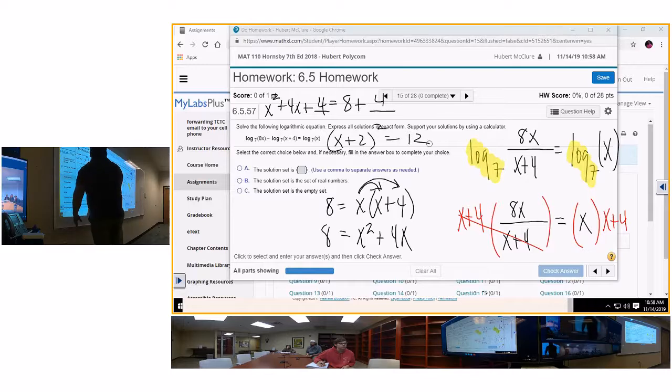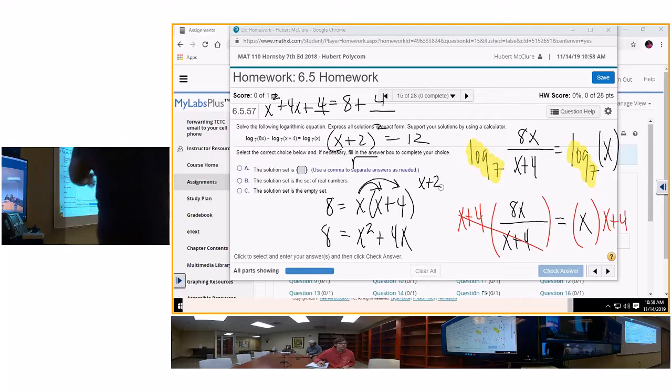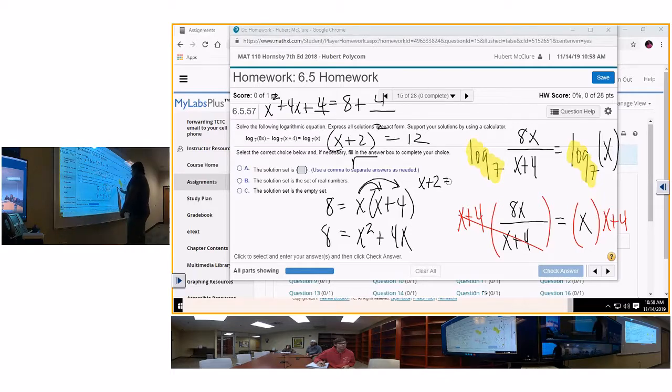And take the square root of both sides, so the square root of x plus 2 is x plus 2. And the square root of 12 is going to be 2 times the square root of 3, isn't it? Yeah. Equals 2 square root of 3 minus 2. So I don't know what you got, but it's not what you said it was. 2 square root of 3 minus 2.